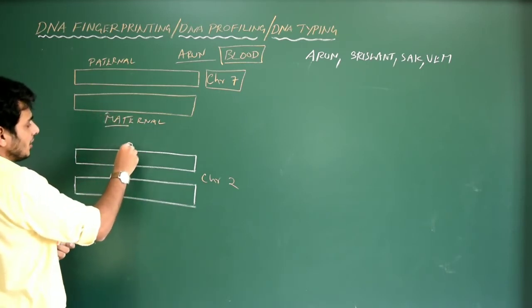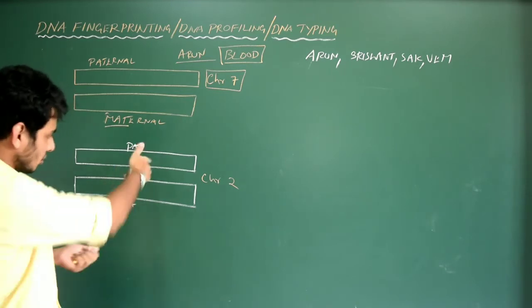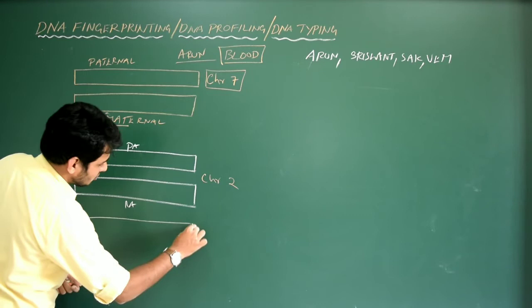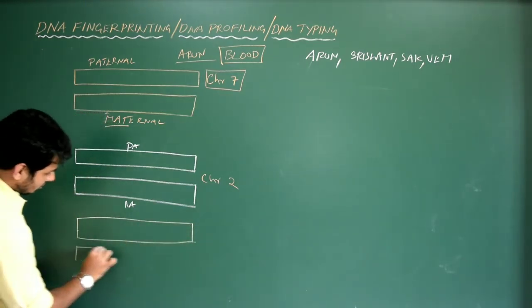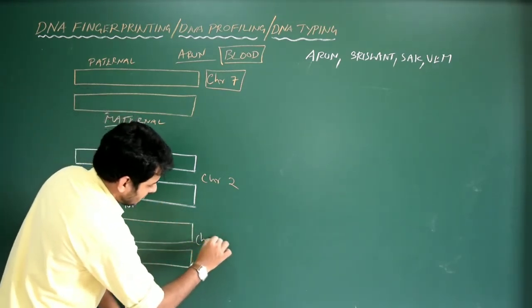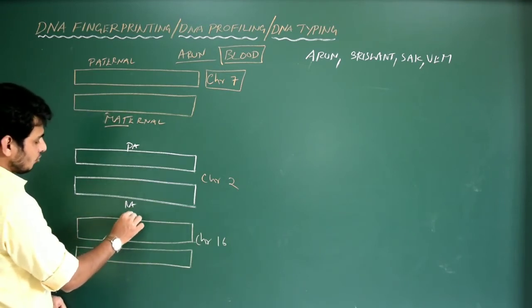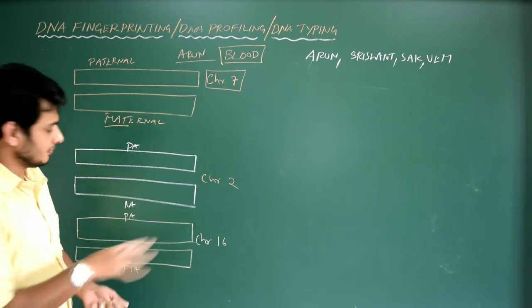This is the paternal chromosome, this is the maternal chromosome. They considered one more chromosome, let us take chromosome number 16. Simply write chromosome number 16. Again, it also contains a homologous pair. One is paternal, given by the father, the other is given by the mother, that is maternal.